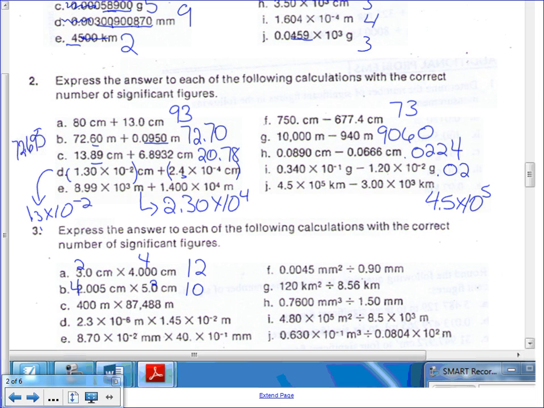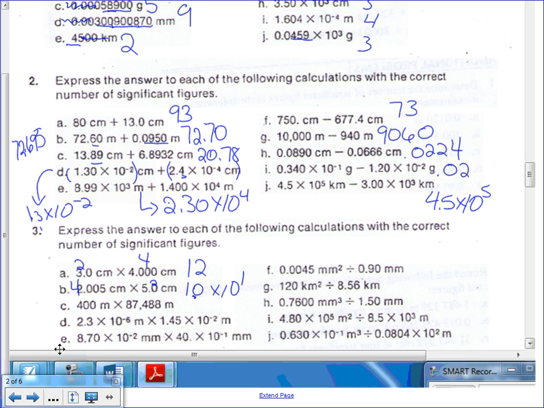That 0 doesn't count. So to make it count for 2, we can put it in scientific notation, which is probably the best thing. So we could put 1.0 times 10 to the first. I know my smart board won't put my decimal in the right place. That's probably going to be the easiest thing to do on this one. So whenever you get one that just doesn't look like you can put it in the correct number of significant figures by rounding, put it in scientific notation.